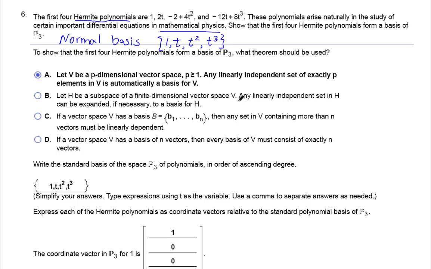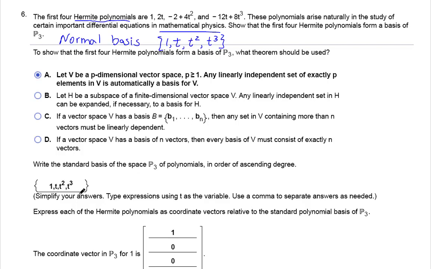All right. So how are we going to go about doing that, and what theorem do we use? In any p-dimensional vector space, any linearly independent set of p vectors is automatically a basis. So they actually step us through the process. So here's our standard basis for P3.